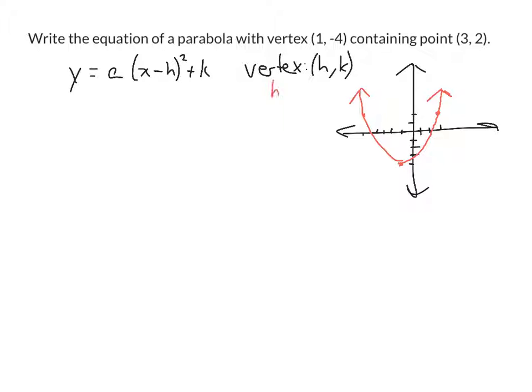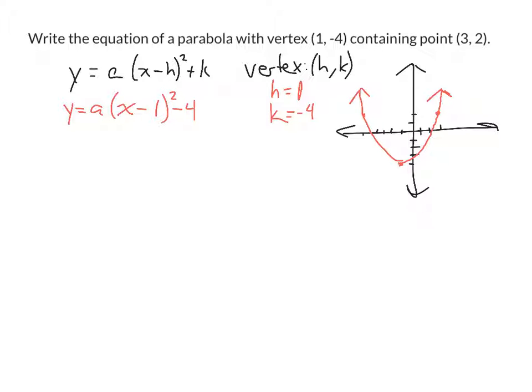That means my h is going to be 1 and k is going to be -4. So we have y equals a times the quantity x minus 1 squared minus 4.